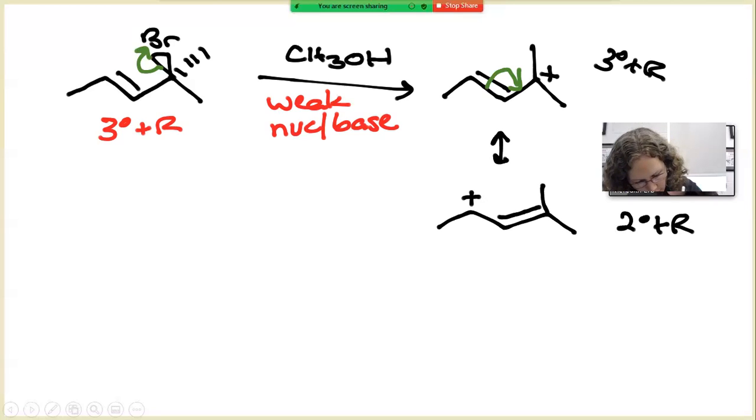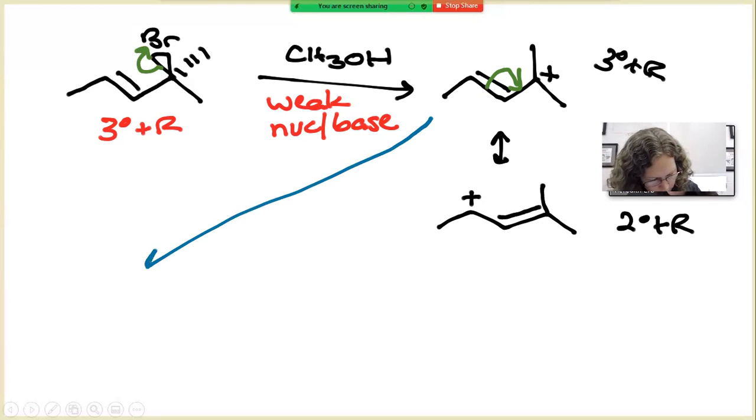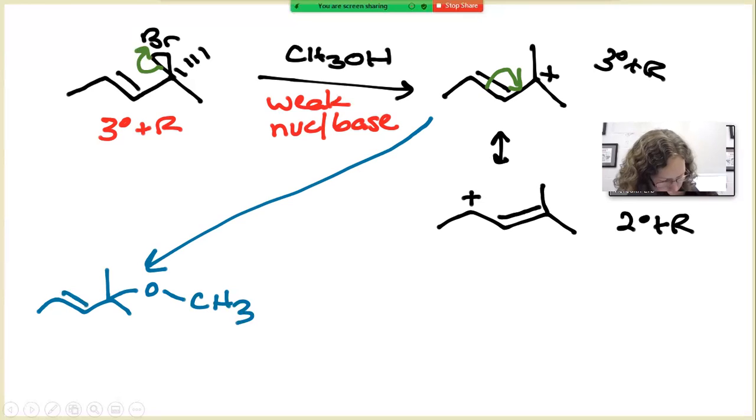Let's first think about what products might come from this first carbocation. We know that we can have both substitution and elimination take place. The substitution product will look like this. We are adding an OCH3 to that positive charge. Notice that it does not have a hydrogen attached to the oxygen; that was removed in a proton transfer step.